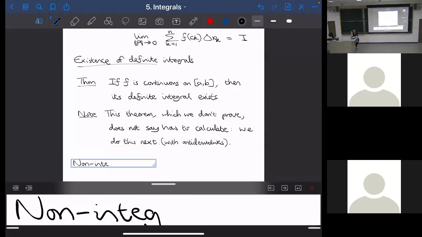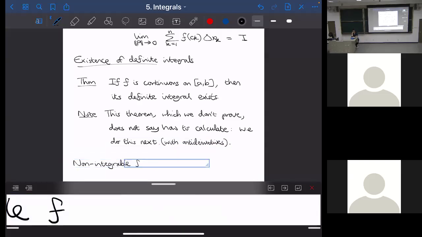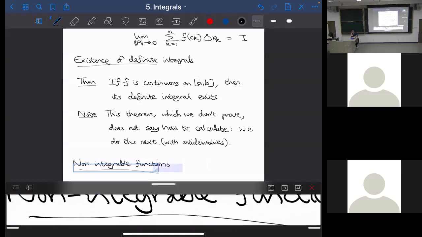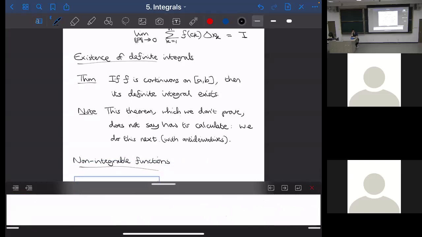But it's important to say that not all functions are integrable. And we'll just give one example.